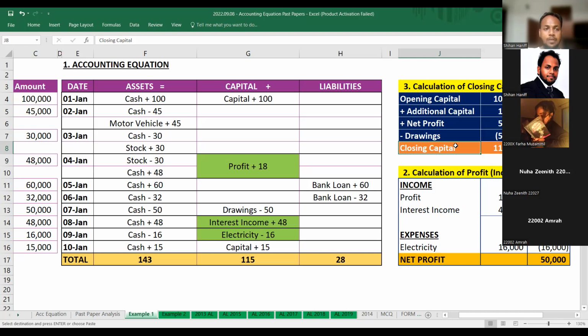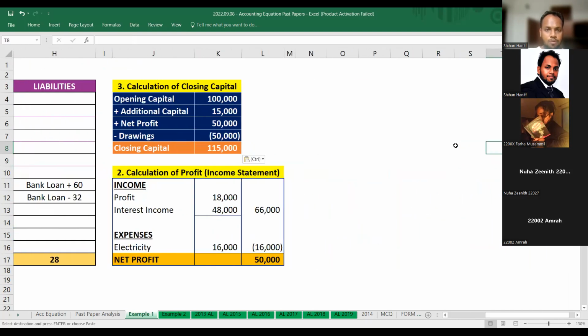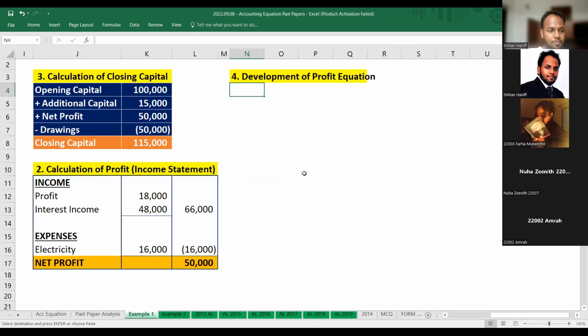So let's move on to number 4, the fourth step. I will call it development of profit equation.